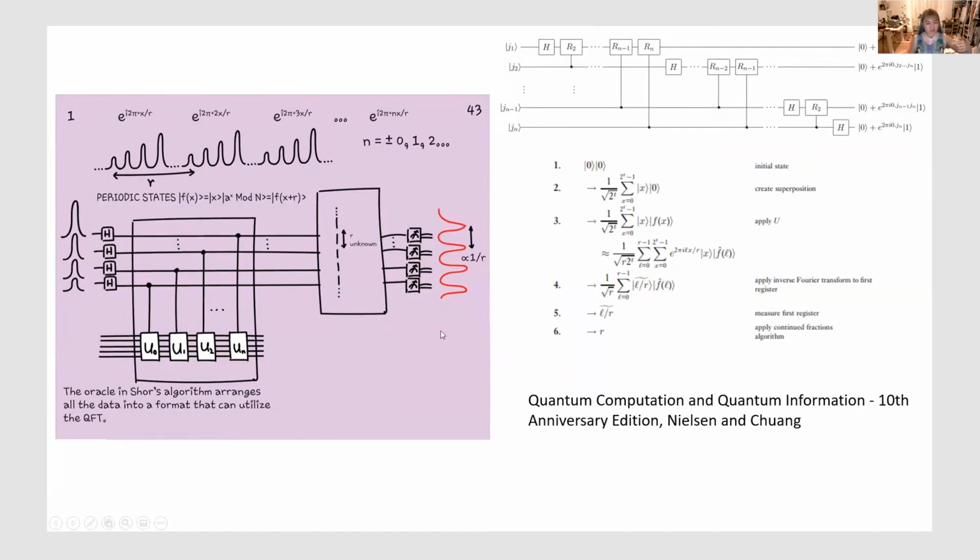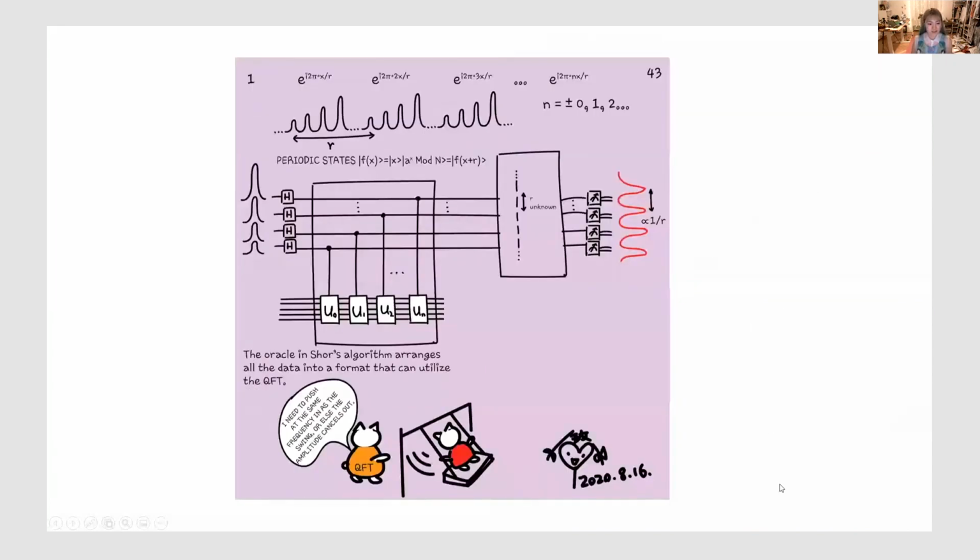By looking at how these patterns are arranged, and they're also periodic, you can figure out what your actual material lattice periodicity is. So thinking about this is exactly the same. This is just a mathematical representation of doing a scattering experiment. So that's basically what Shor's algorithm does. If you just look at each step, it's actually not that complicated.